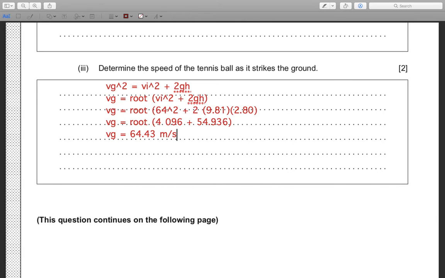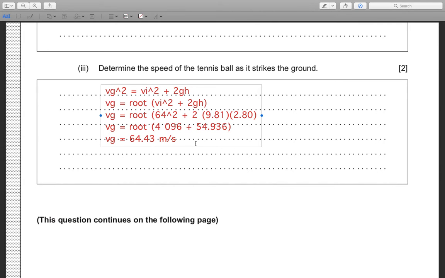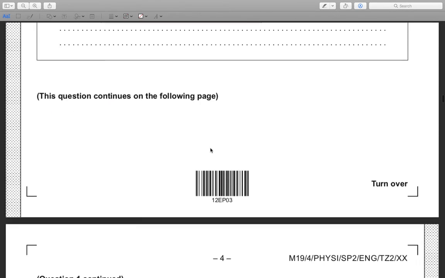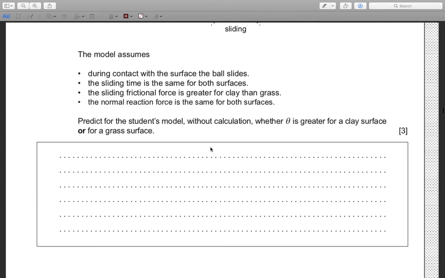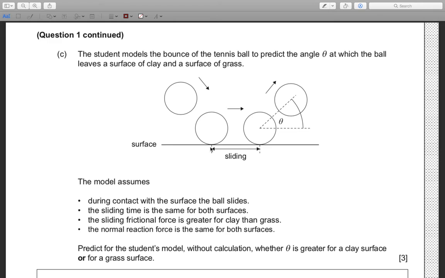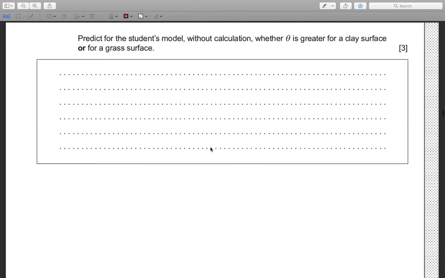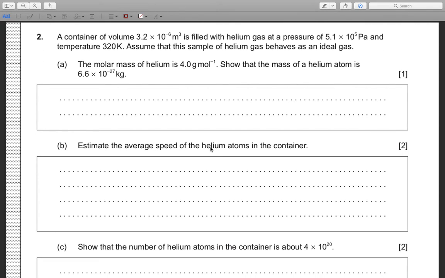Okay, finally we get the velocity when the ball hits the ground, around 64.43 meter per second. Okay, let's continue to the next question. I think we need to skip this because, as I mentioned before, I only solve a few numbers, and I will skip the theoretical part. We go directly to the other question, question two.